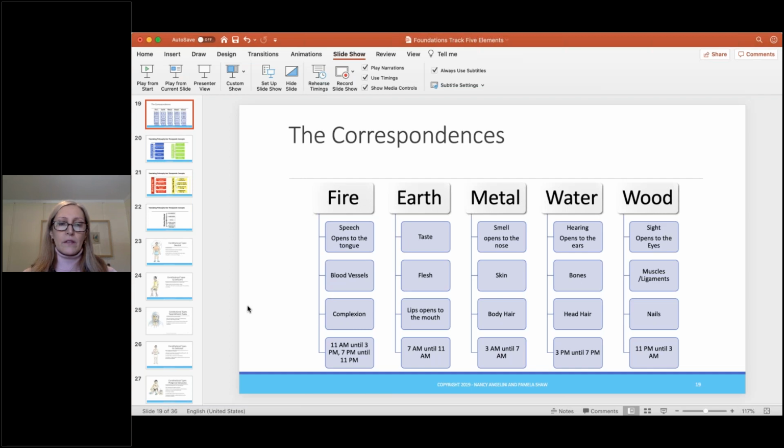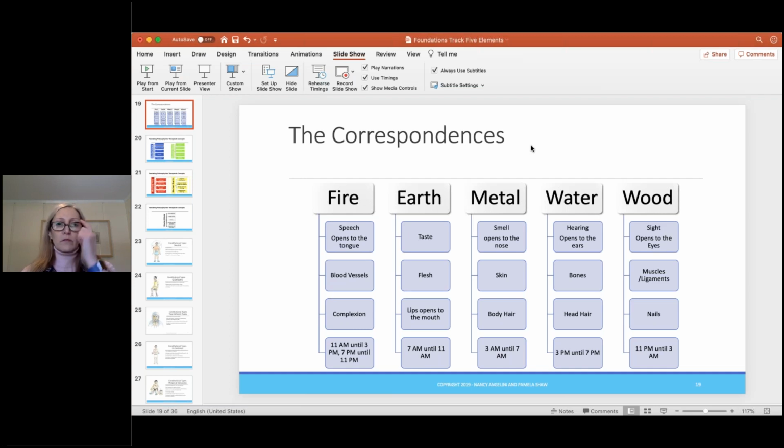So 7 a.m. till 11 a.m., it's both those organs together. And that's another reason why, if you really want to support the spleen, you have to eat in the morning, right? You want to eat before 11 a.m. You want to eat something good and nourishing, and that's going to be great for your body.